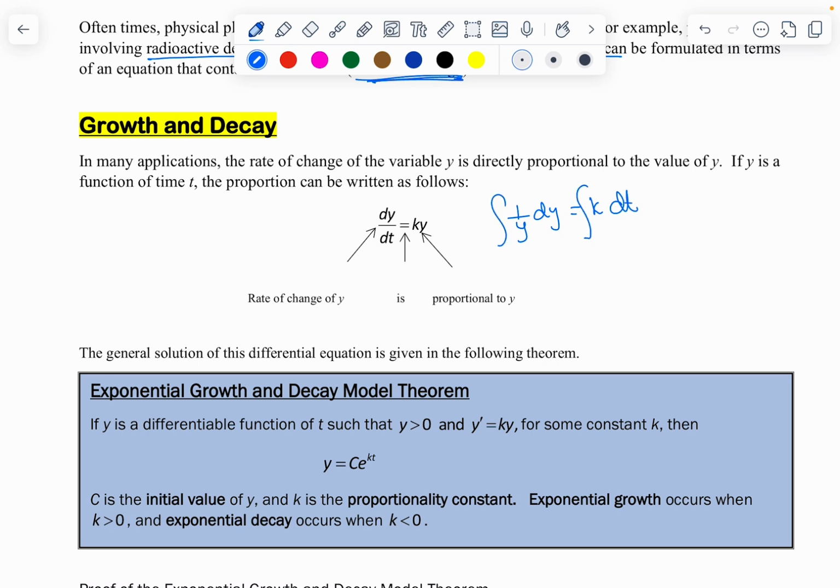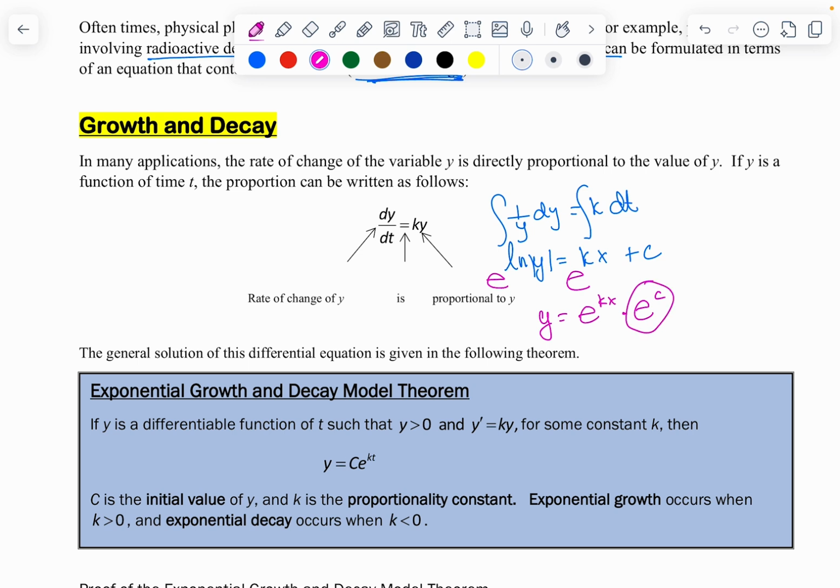So we separate and we integrate. You end up with ln of y is equal to kx plus c. When you solve this for y, you take base e to both sides. So you end up with y equals e to the kx times e to the c.